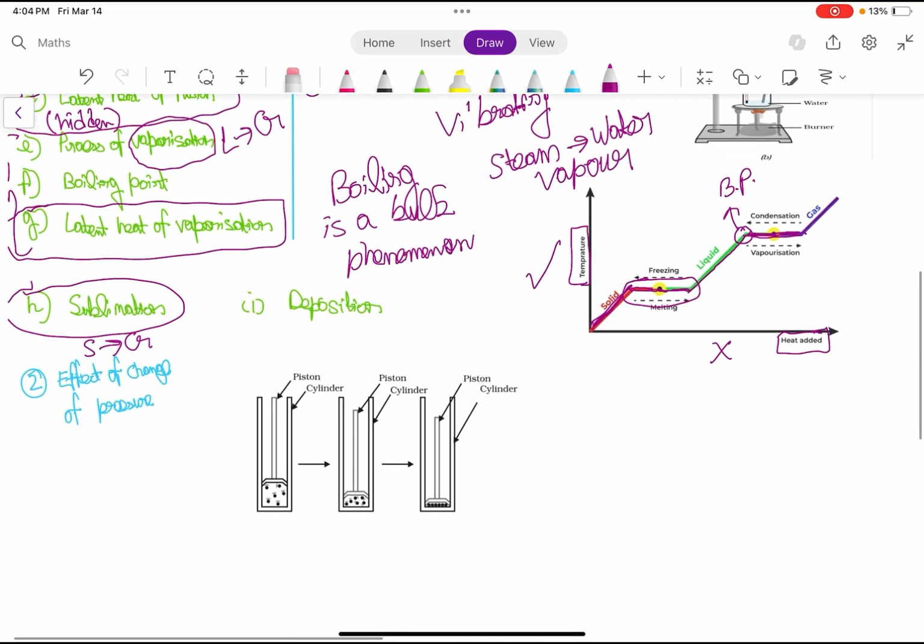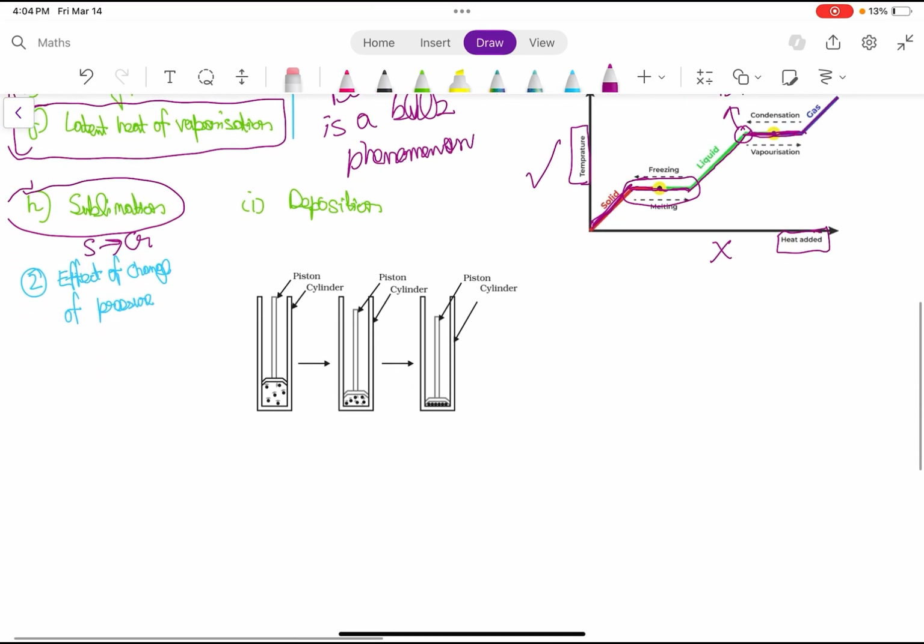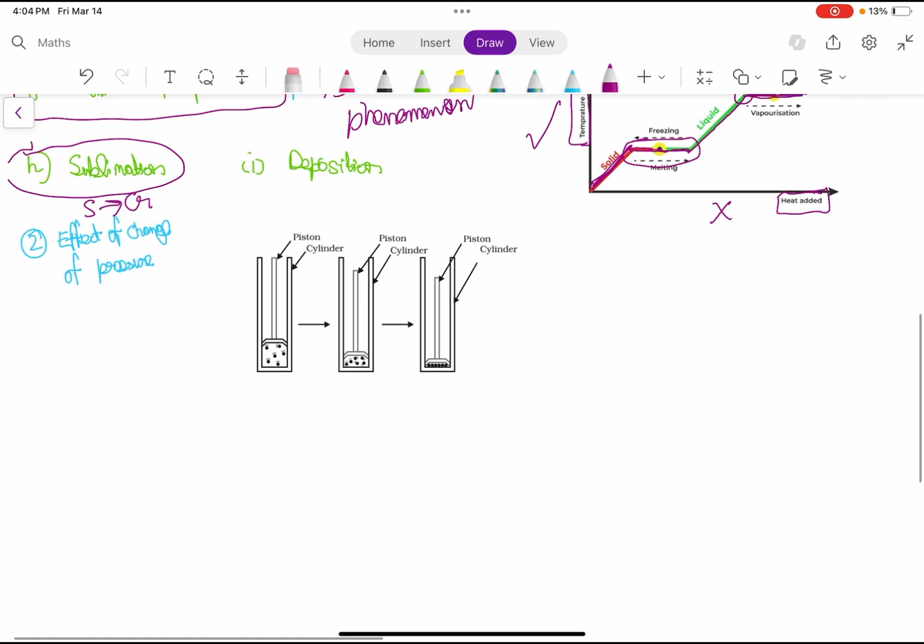Now let us consider the effect of change of pressure on the states of matter. Difference in various states of matter is due to difference in distances between the constituent particles. Applying pressure and reducing temperature can liquefy gases, as shown in this figure.